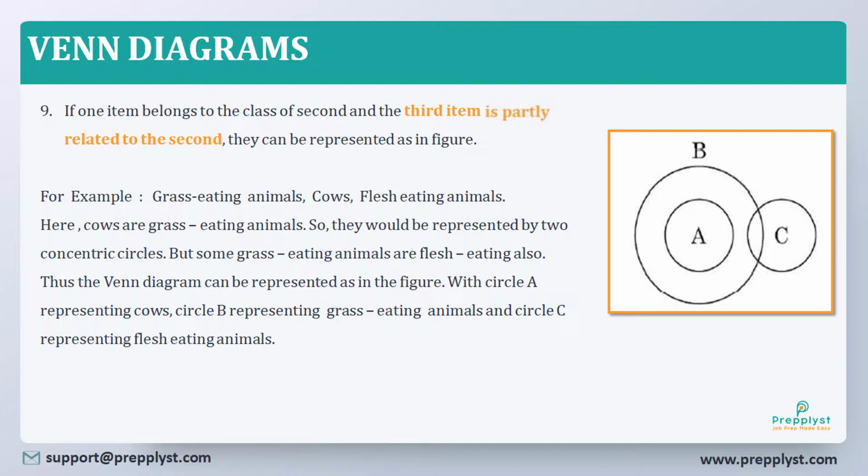So that is why A lies within B, and the circle C indicates the flesh eating animals. So there are a few animals which eat flesh and grass both. That is why you have some overlapping portion, and there are other flesh eating animals which are only carnivores, so you have this independent portion as well. So that's how you indicate the three terms.